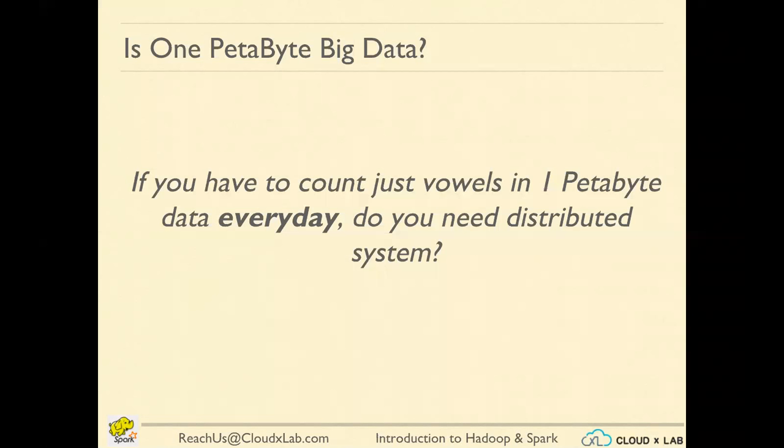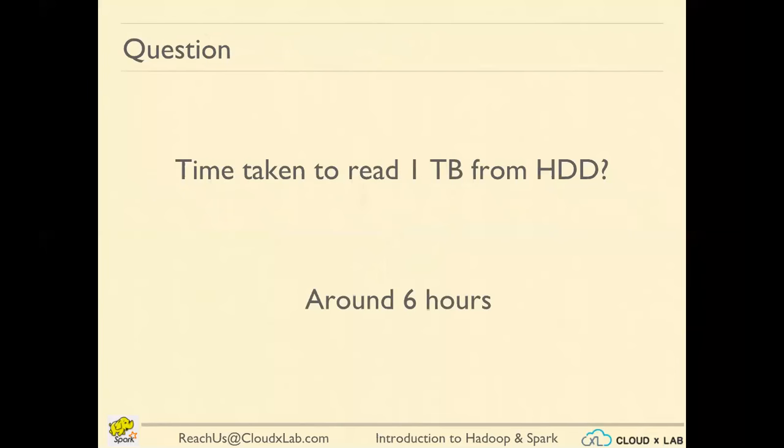That's right. You would require a distributed system to store as well as to handle 1 petabyte of data. The reason is this: you cannot store 1 petabyte of data in one disk or one computer. Even if you did somehow, then just reading that data, 1 petabyte, will take close to 6,000 hours.